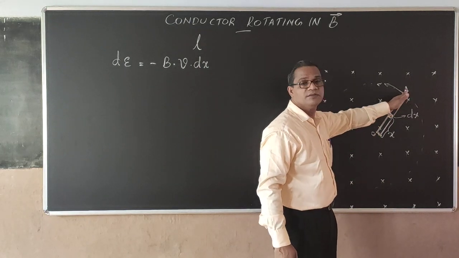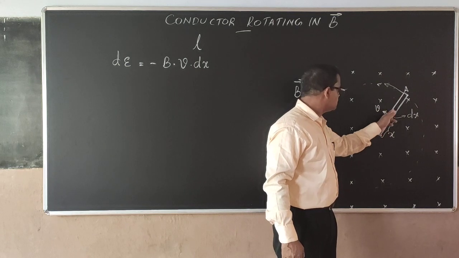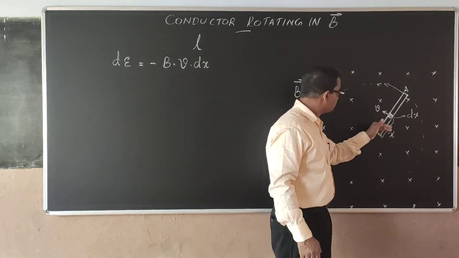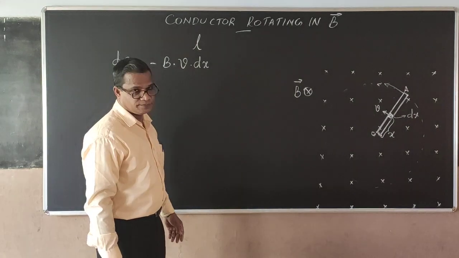That variation will be there. As v is changing from the fixed point to the other end, we cannot take v as constant here.